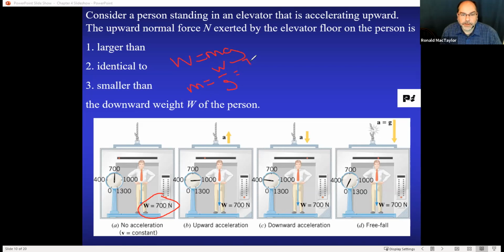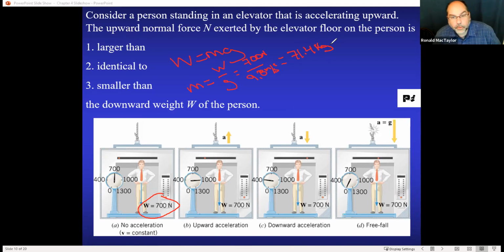So it says this guy weighs 700 newtons divided by 9.8 meters per second squared. 700 divided by 9.8 is 71.4 kilograms.